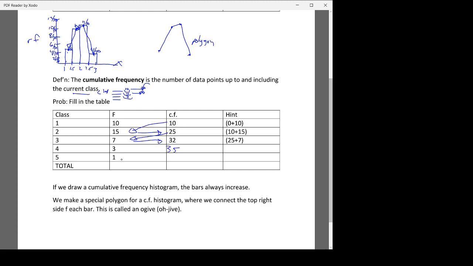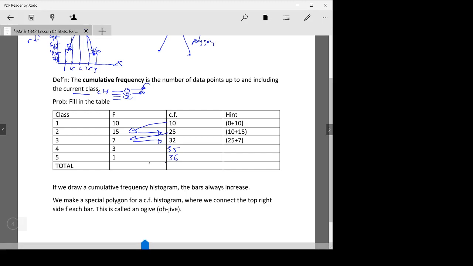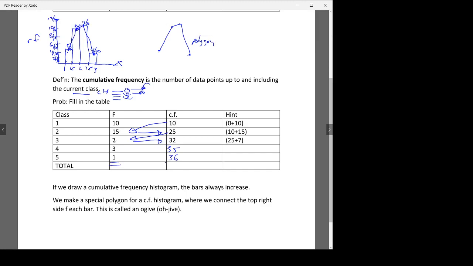Then 35, and there's one more in that last row, 36, very small row. And the total, if we added up all these beans, would be 10, 25, 32, 33, 34, 35, 36. And you can see I got to the total with the cumulative frequency a row earlier. And then this little hint might help. This is what everybody draws with the arrows on how to add to the next one.